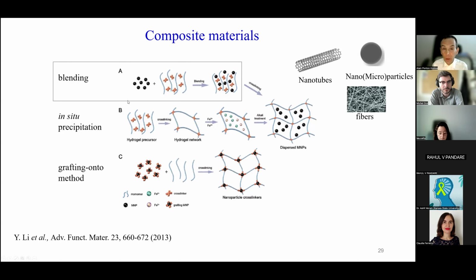So the first case, which is called just blending, you disperse the fillers in the polymer matrix, which is cross-linked. You can have the situation in which the polymer matrix is cross-linked and you disperse the fillers after some treatment, or the fillers can act as cross-linker of the polymer matrix.